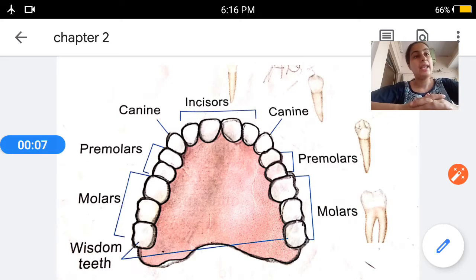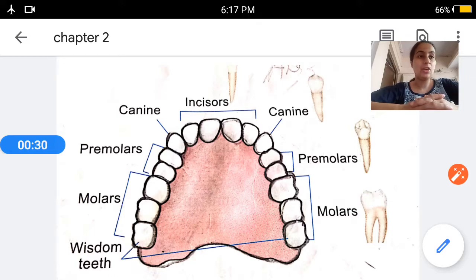In the previous video we discussed the different types of teeth on the basis of their lifeline, the types of teeth on the basis of their structure and function, and the different parts of a tooth. In the last part of the chapter, how we should take care of our teeth is left to explain.